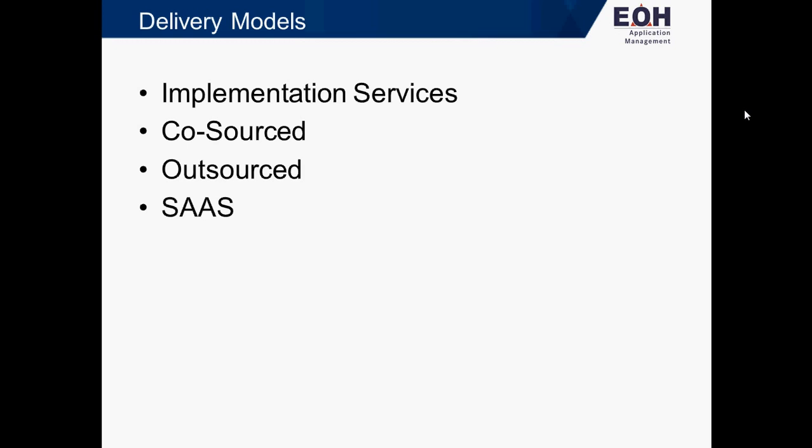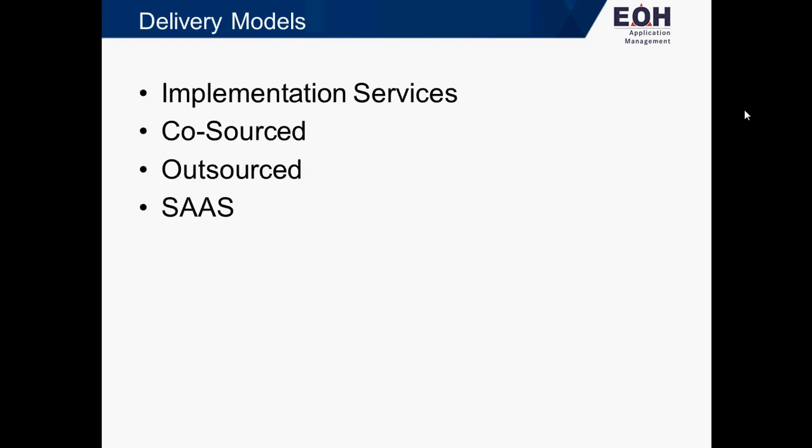Let's quickly look at our delivery models. Again, implementation services, where we will implement the technology for you. Co-source solution is really a hybrid, where we can have a combination of your people, our infrastructure, your infrastructure, software. Again, you can own it, we can own it. It's really a hybrid model which we tailor for our customers.